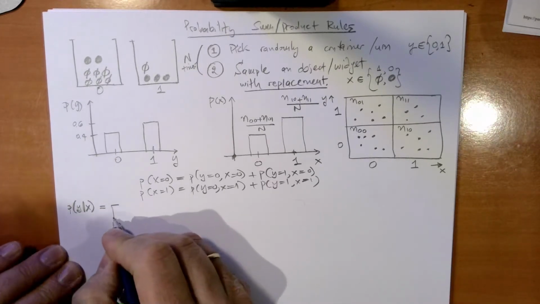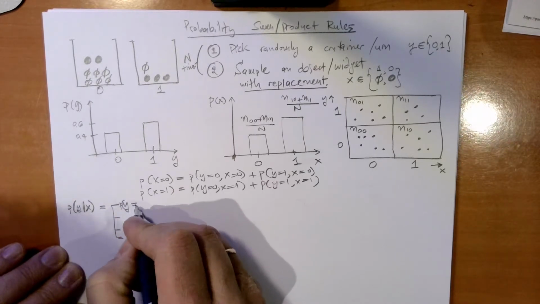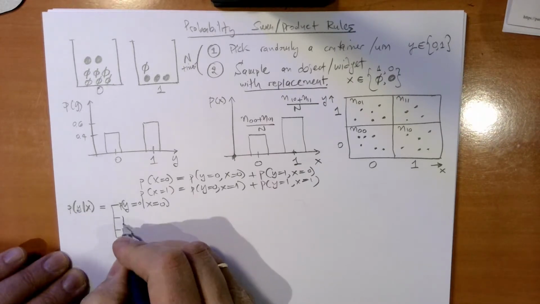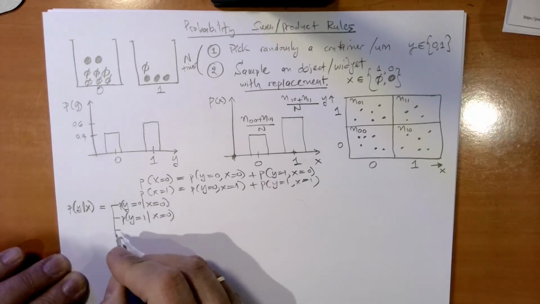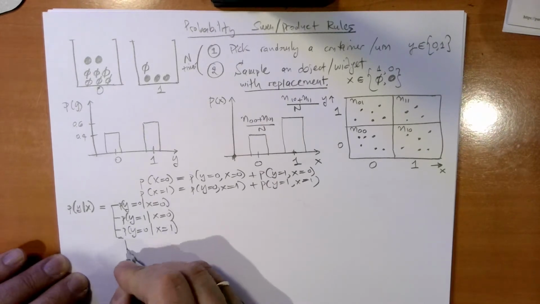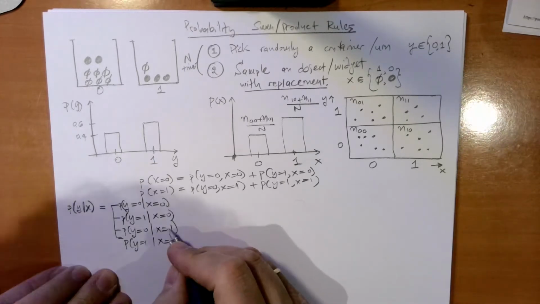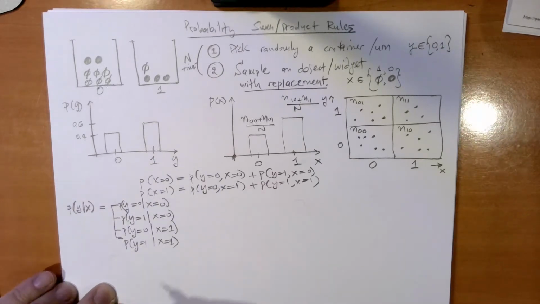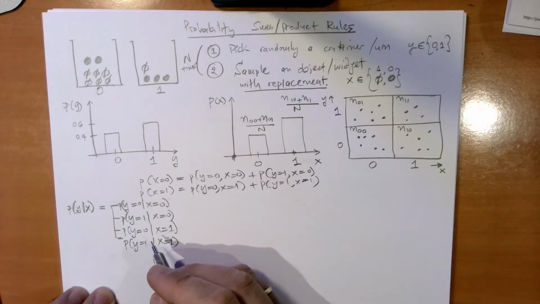This is the probability of y equal to 0 given x equal to 0, the probability of y equal to 1 given x equal to 0, and then the corresponding probabilities for the other observation of the widget.